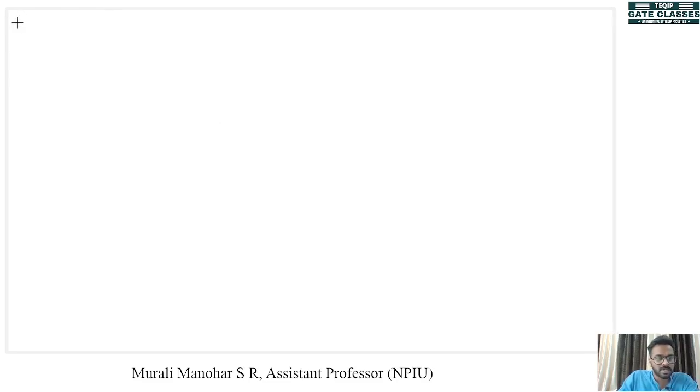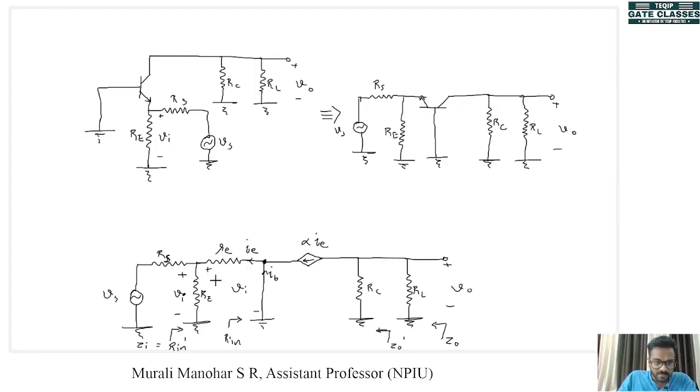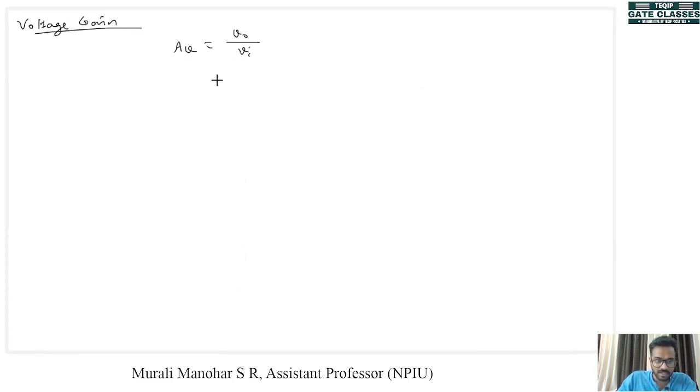Next parameter is voltage gain, AV. AV is equal to V out divided by Vi. Look at the circuit diagram. This is Vi. We can see that Vi is the drop across re, and the direction is like this, so Vi is equal to minus IE into small re.